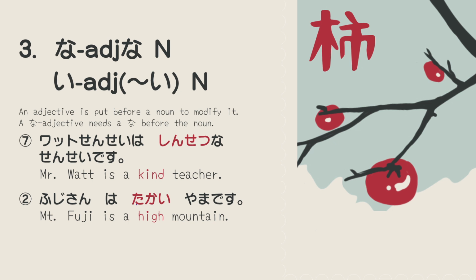Okay, let's dive in. All right. First we have na adjective, na, and noun. So we have here the first form. Okay, first form that we have, na adjective, na, noun.